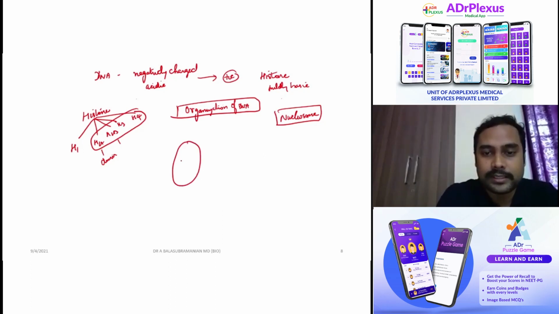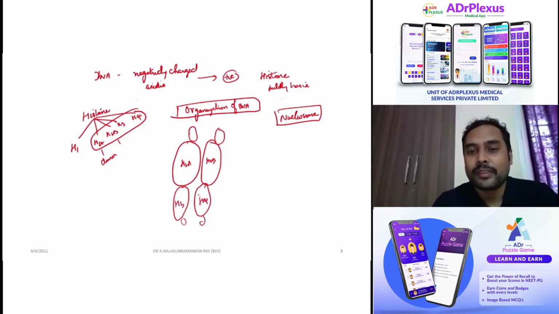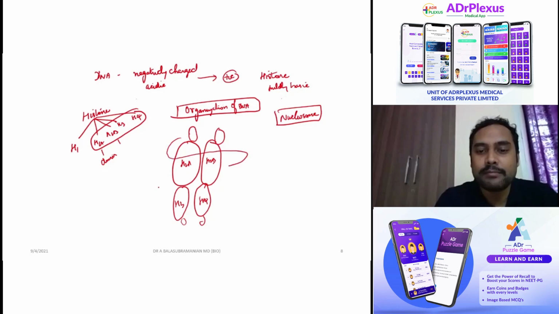This is H2A. I am drawing another round, another dimer of dimer. H2B, H3, H4. Dimers.